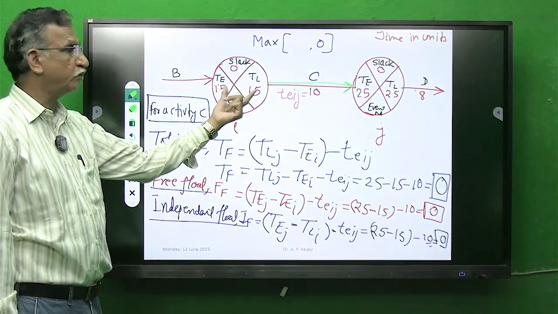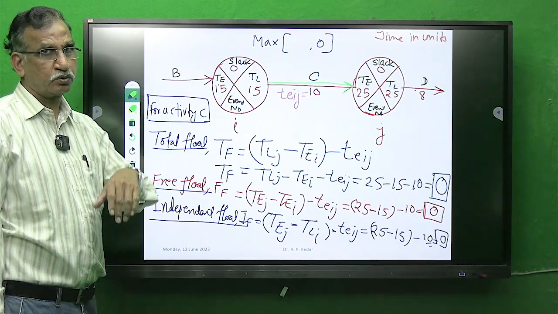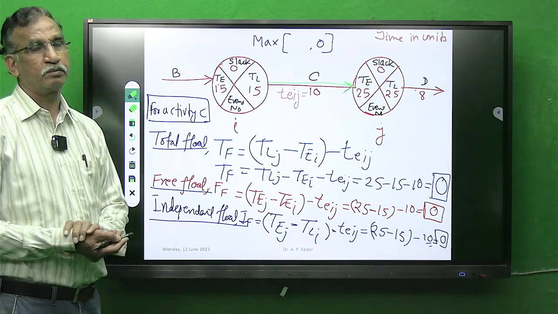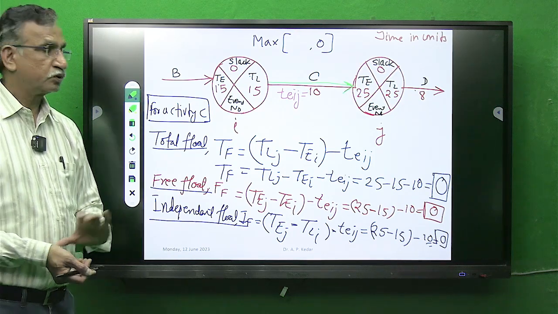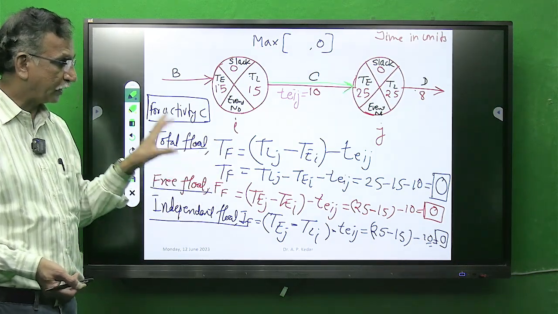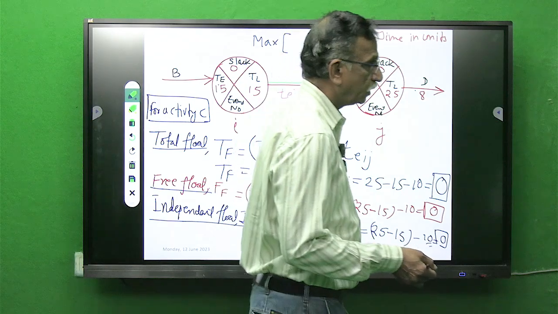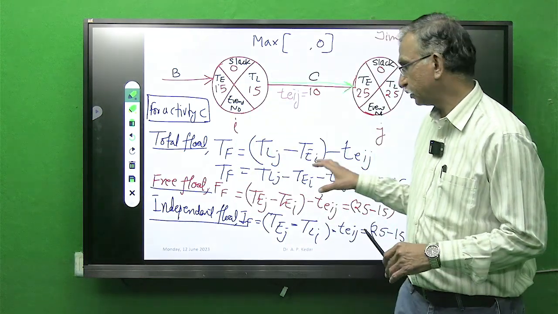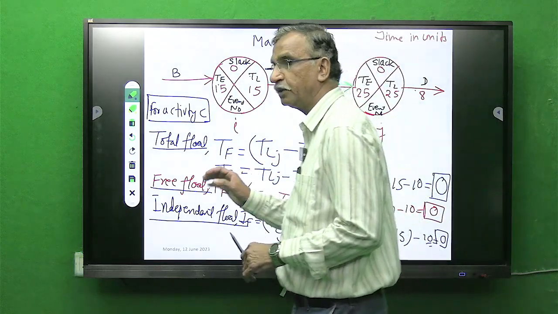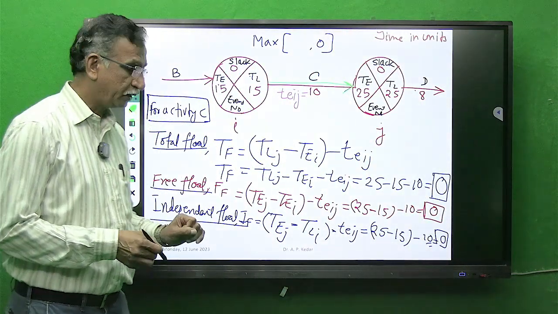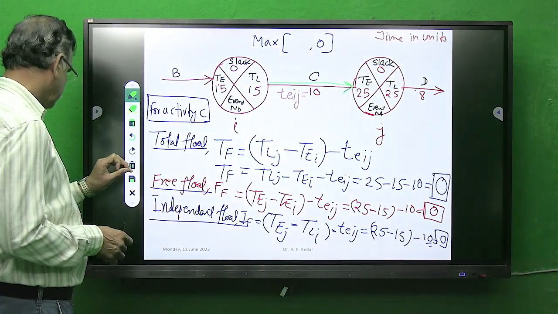Difference of two values indicates slack. So 0 is there if by chance you are getting it negative. So this is the technicality involved in drawing, in estimating the values of floats. Now we'll see the problem in detail and the application of this concept.